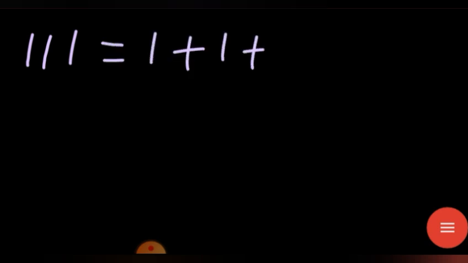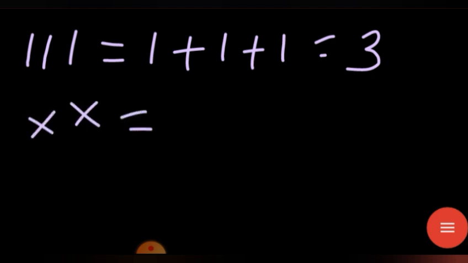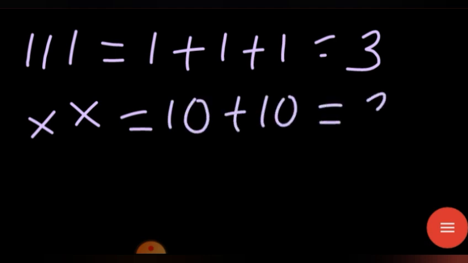If I am writing this, what is this? Yes, 3 times repeating I, that means 1 plus 1 plus 1, that is 3. Then if I am writing X X, what does it mean? Yes, 10 plus 10, that means 20.